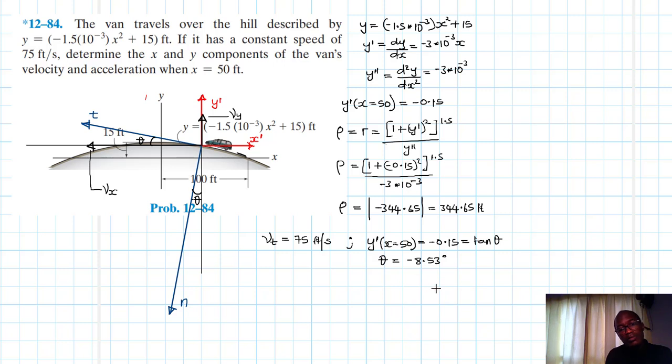When you get a positive angle, it means it is measured counterclockwise from the positive x-axis. When it is negative, it means it is measured clockwise, and you can see here this is clockwise.